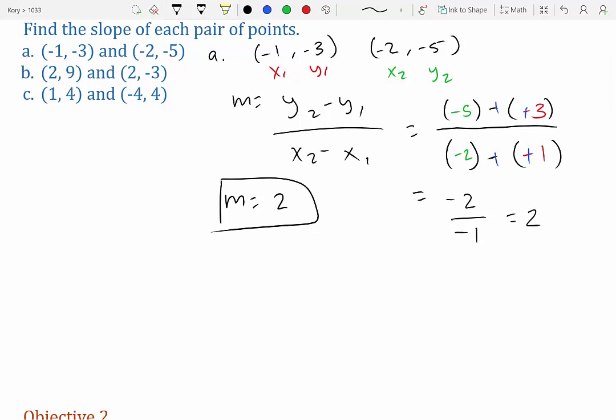Moving on to B. So we have (2, 9) and (2, negative 3). Label your points. We have x1, y1, x2, y2. We're going to use the same formula.